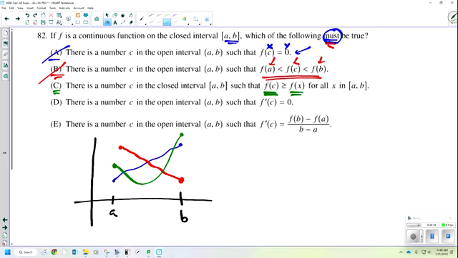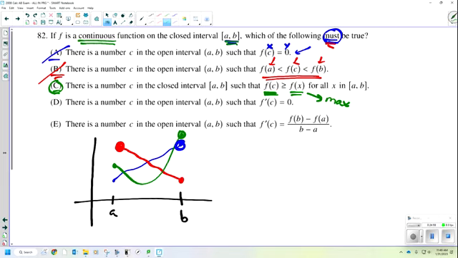They're really saying there's a maximum point. For the green one, here's the maximum point. For the blue one, here's the maximum point. For the red one, here's the maximum point. C has to be true. How come? Because it's continuous. There are no breaks and there are no arrowheads, because it's an interval that stops and ends at a and b.